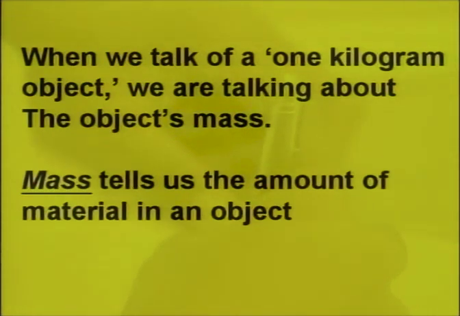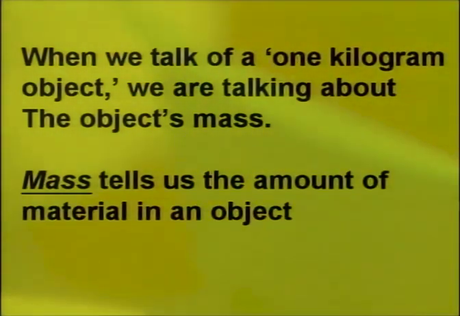Mass is talking about the amount of material in an object. For example, if I'm holding this whiteboard eraser, if you had to cut all of this up into very small pieces, then combine them together, they will always give you the same mass. So it is talking about the amount of matter in this.